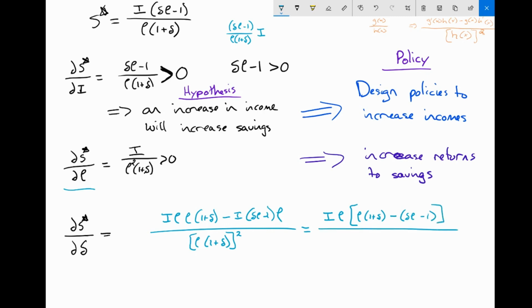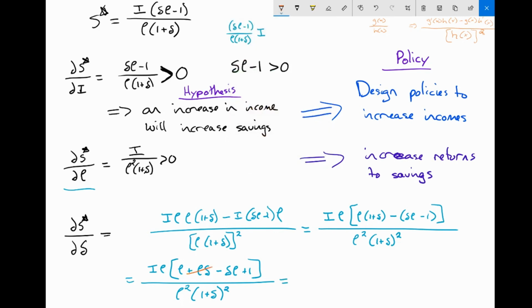And then we have rho squared 1 plus delta squared. Okay, so let's simplify the inside. I rho. We'll distribute everything inside, so it'll be rho plus rho delta minus delta rho plus 1 divided by rho squared 1 plus delta squared.